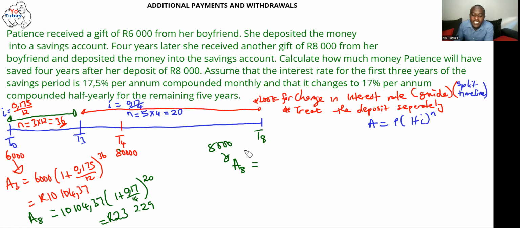For 8,000, let's start by having our n. Our n is going to be, remember, 4 times 4, because this one is just 4 years from T4 to T8, which is actually 16. So here it's going to be 8,000 in bracket 1 plus 0.17 over 4, to the power of 16.